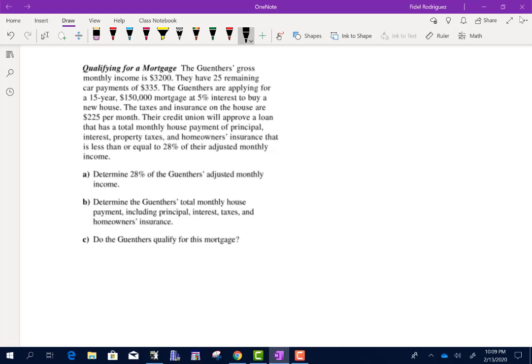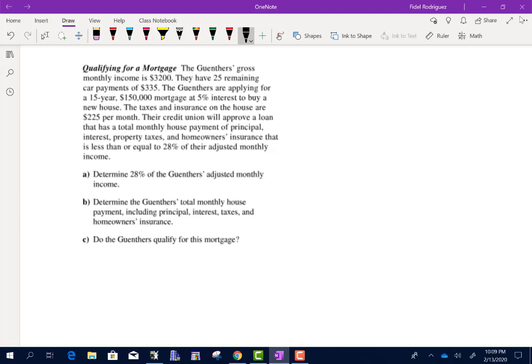The Gunthers are applying for a 15-year, $150,000 mortgage at 5% interest to buy a new house. The taxes and insurance on the house are $225 a month. The credit union will approve a loan that has a total monthly house payment of principal, interest, property taxes, and homeowners insurance that is less than or equal to 28% of their adjusted monthly income.